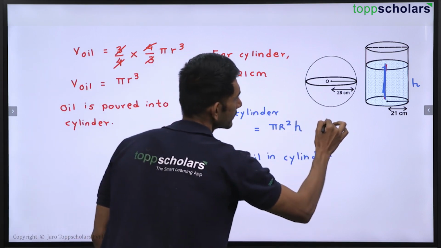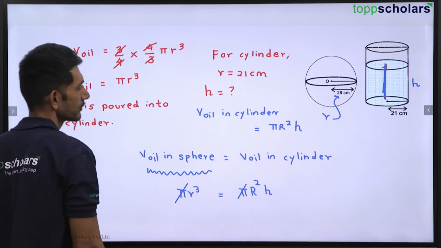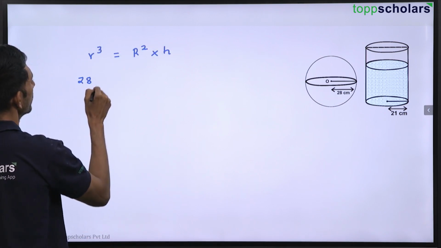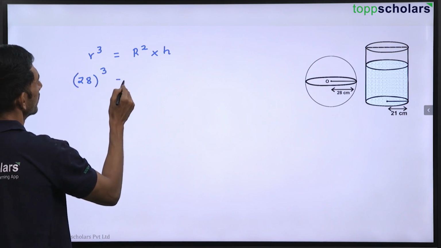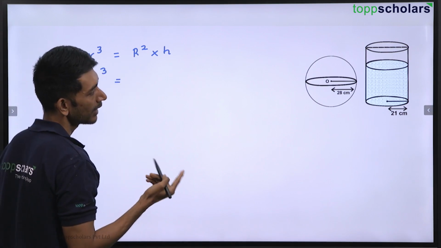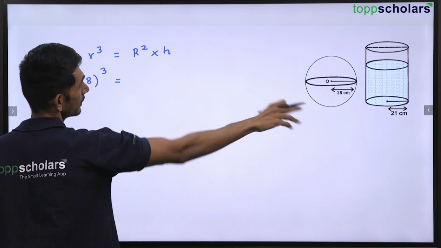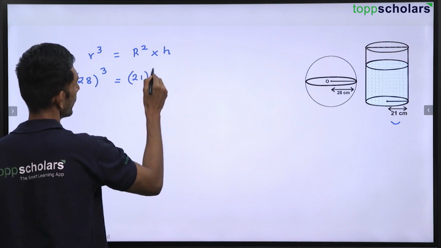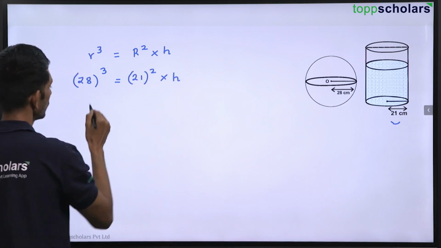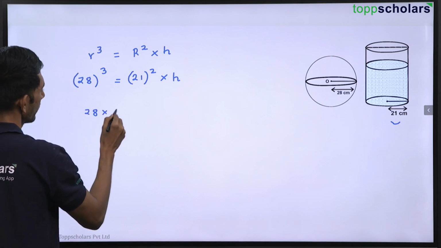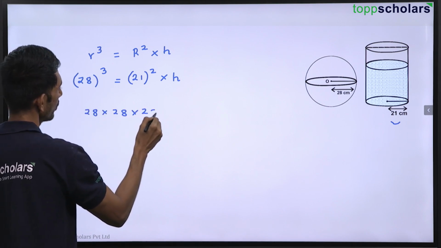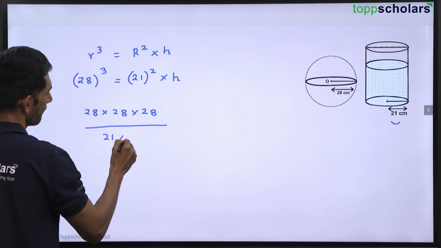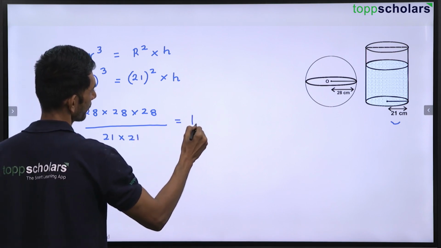That is this, 28. So can I say 28 cube is equal to R square? R square means the other R, 21 square into h. So this becomes 28 into 28 into 28 by 21 into 21, that is equal to h.